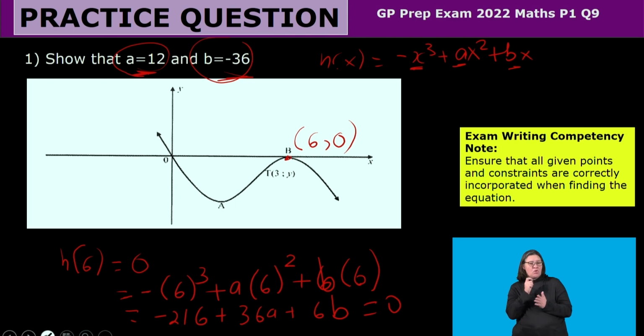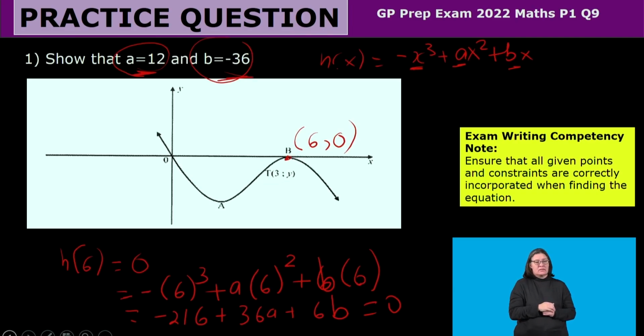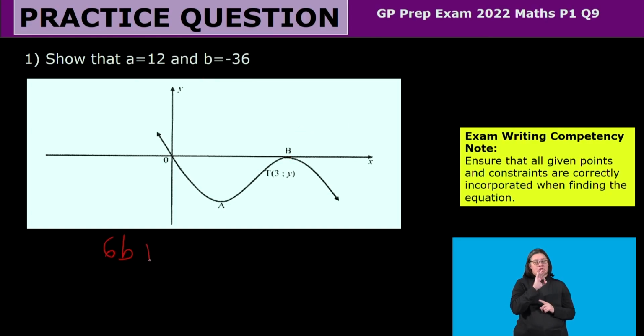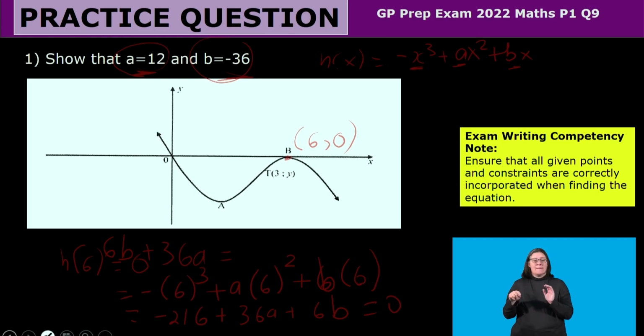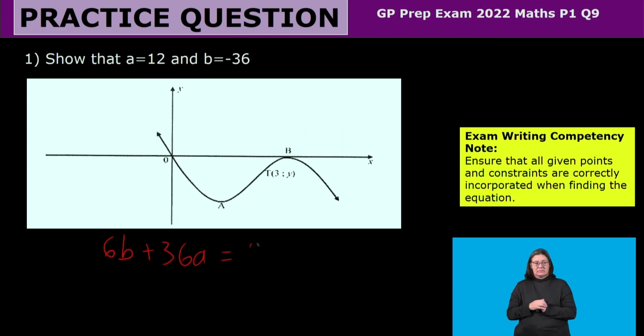So we can then rewrite this expression here, 6b plus 36a is equal to, remember we had here minus 216, so if I take that over to the right hand side, it's going to become positive 216. You can divide through by a common factor, and let's see what we get.